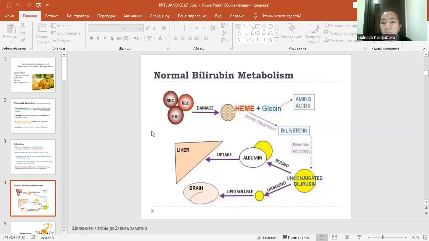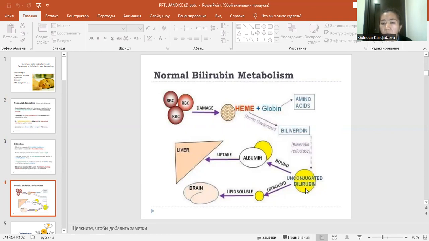Normal bilirubin metabolism: red blood cells are broken down and we obtain heme and globin protein. Globin is an amino acid protein. Heme, by the way of heme oxygenase, will convert to biliverdin. Biliverdin, by bilirubin reductase, is exchanged to bilirubin.